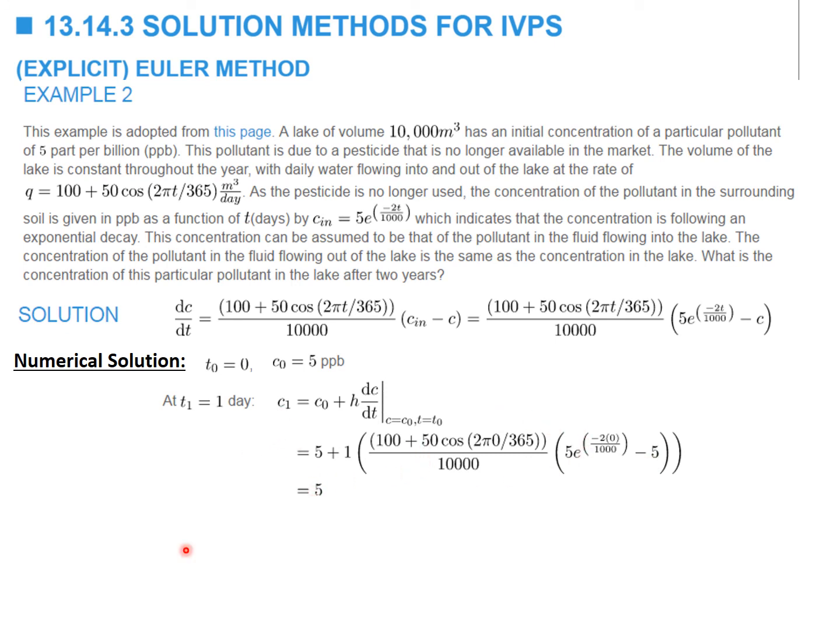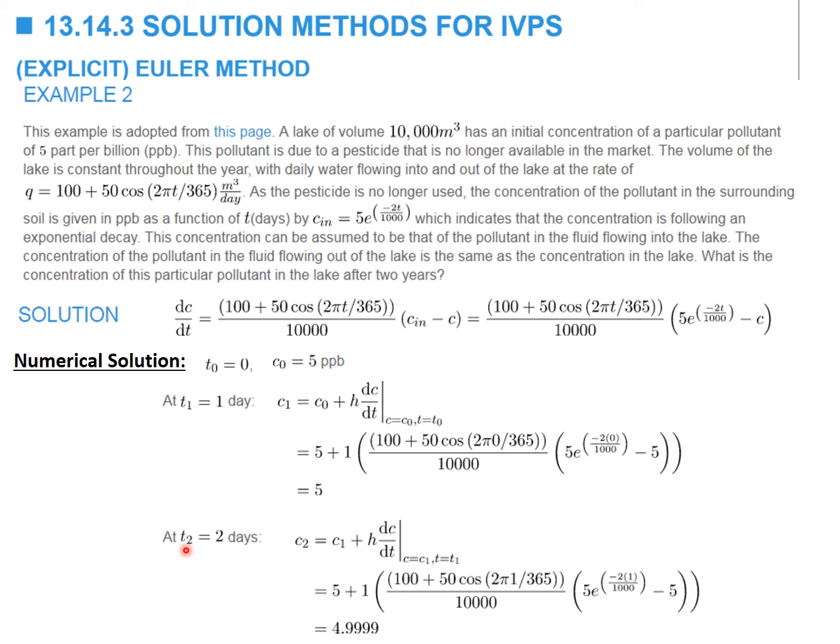So the numerical solution predicts that after 1 day, the concentration does not change. It's still 5. At t equal to 2, C2 is equal to C1 plus h multiplied by dC over dt, evaluated at C equals C1 and t equal to t1. So these are evaluated at the previous time point.